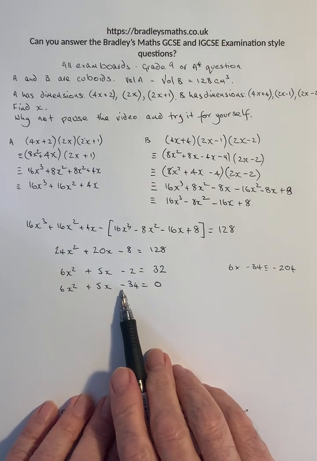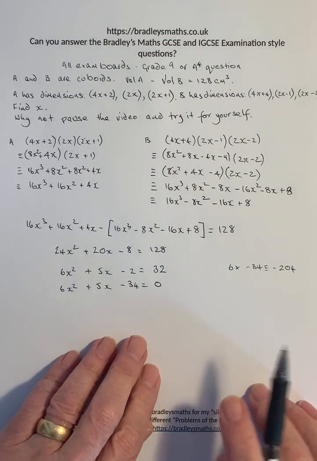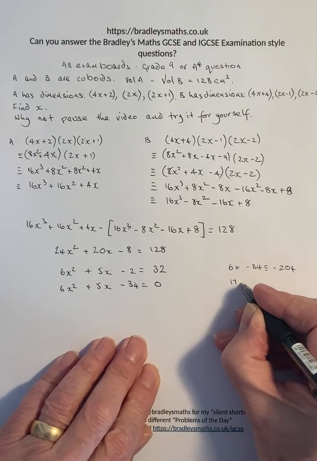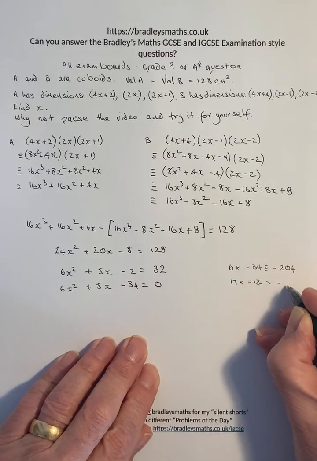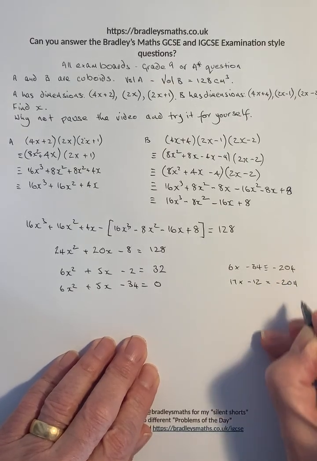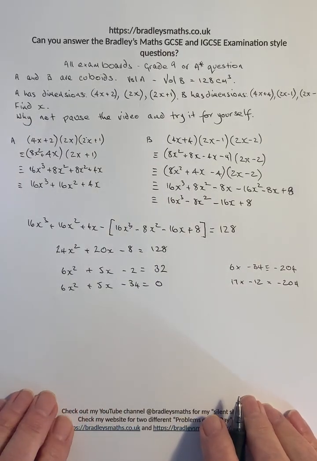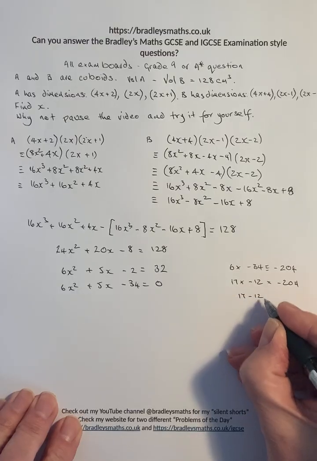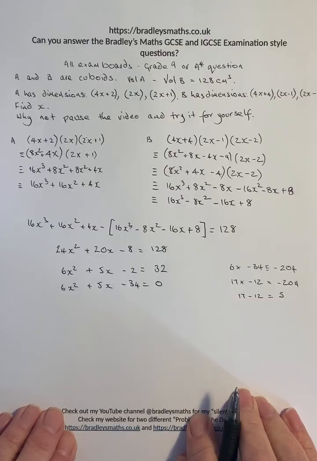Well, because this is negative, one of these has to be negative, one of them has to be positive, and I happen to know that 17 times negative 12 equals negative 204. So our factors are 17 and negative 12, because 17 minus 12 equals 5, which is very handy.